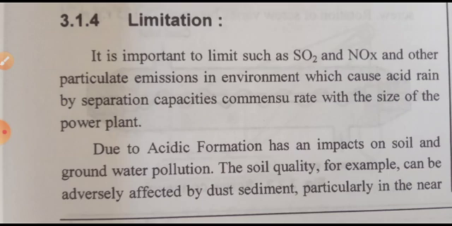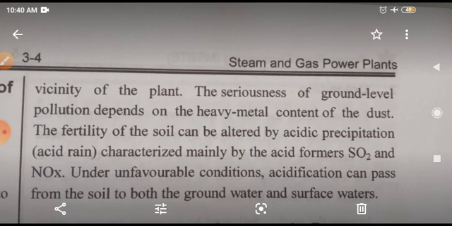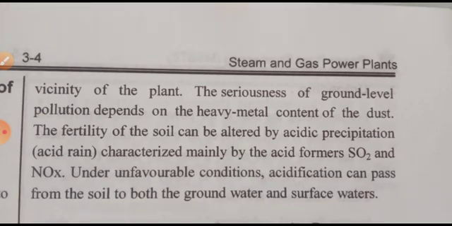The soil quality, for example, can be adversely affected by dust sediment, particularly in the near vicinity of the plant. The seriousness of ground level pollution depends on the heavy metal content of the dust. The fertility of the soil can be altered by acidic precipitation, characterized mainly by the acid forms of SO2 and NOx. Under unfavorable conditions, acidification can pass from the soil to both the groundwater and surface water.